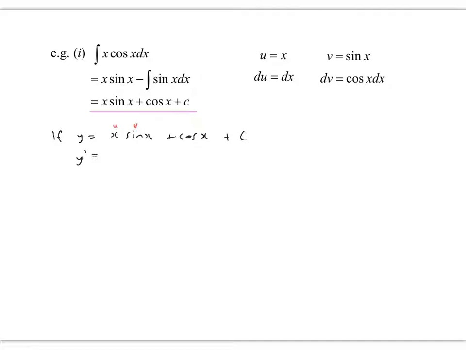So the product rule is v du, so v is sine x times the derivative of u, which is 1, plus x multiplied by the derivative of sine, which is positive cos, and differentiating cos, you get negative sine, and differentiating a constant, you get 0. So this and this go, so you end up getting x times cos x, which is the expression that we expected.